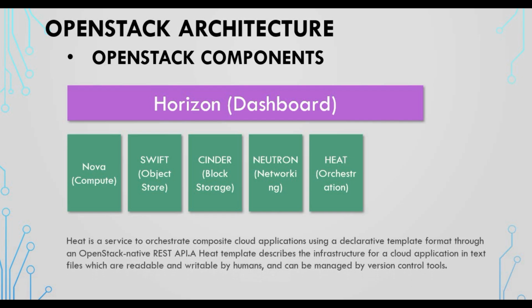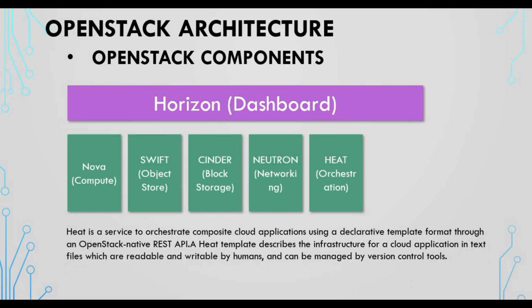Now moving on to Heat. Heat is the orchestration component. Heat is a service to orchestrate composite cloud applications using a declarative template, through the OpenStack REST API. This Heat template describes the infrastructure of a cloud application in a text file, which is readable and writable by humans, and can be managed by version control tools.